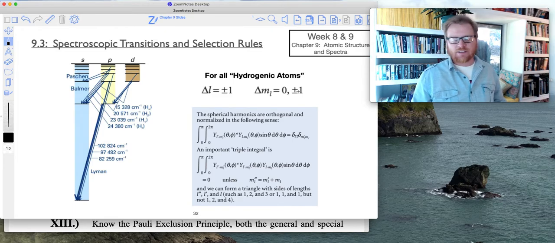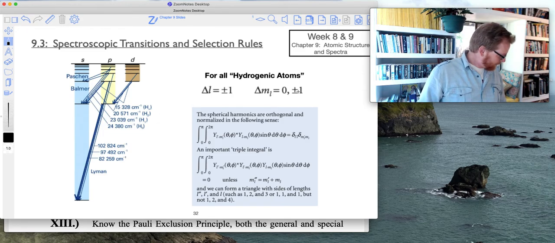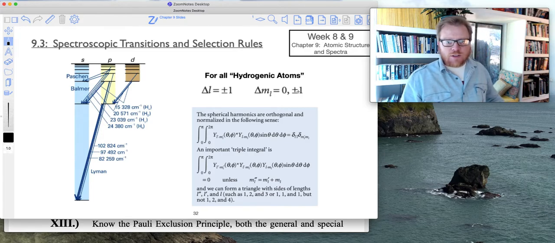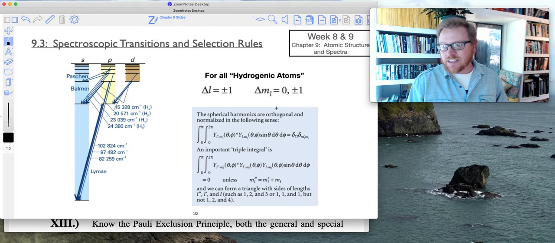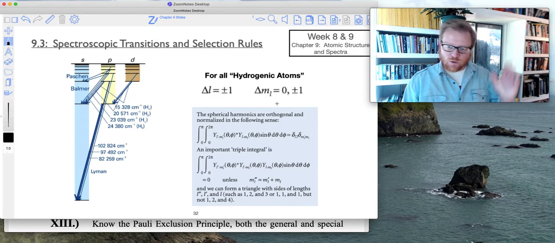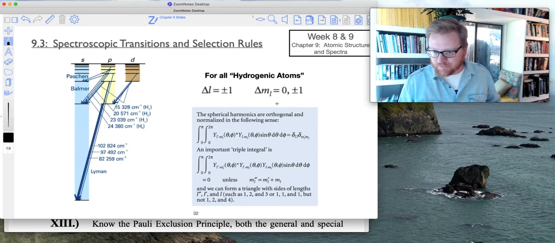Or from a px to a dx, for example, okay? Okay, good, excellent. So typically we observe ML equal to 0 in polarized situations because we generally will polarize something along the z axis, just as a convention, okay?